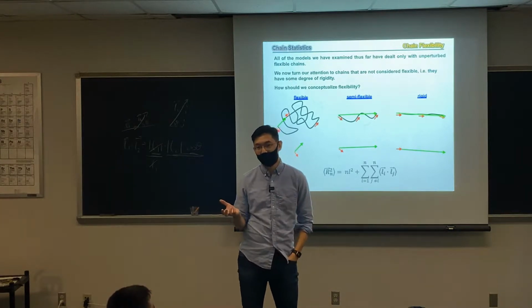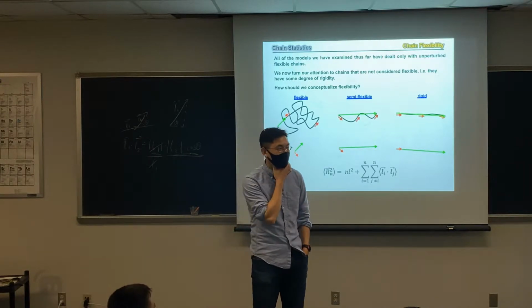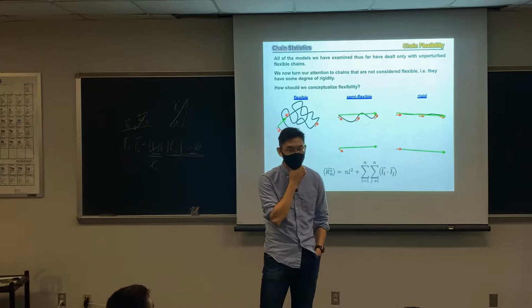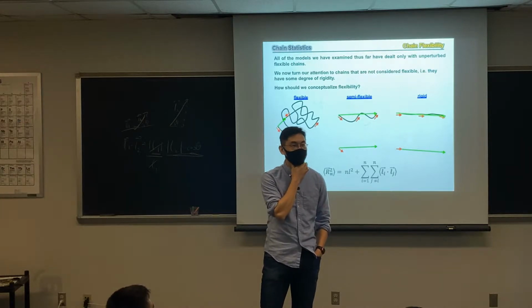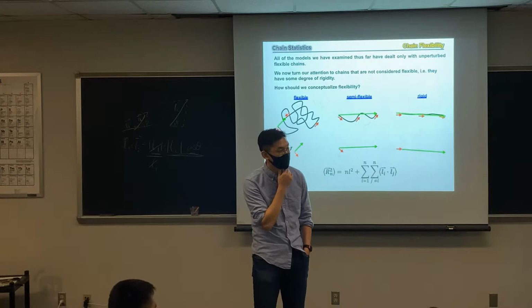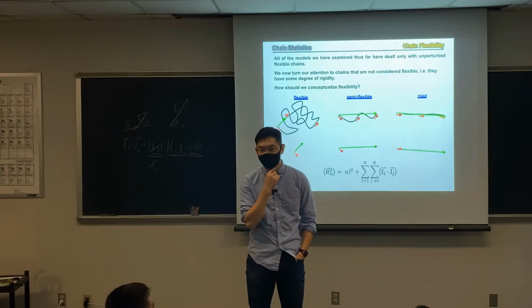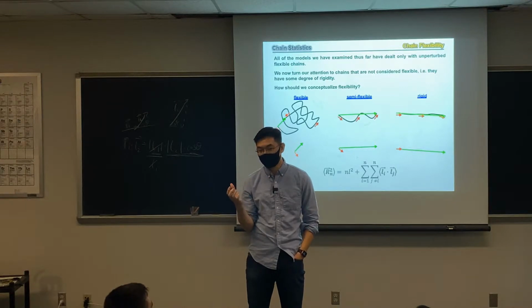The polymers are all flexible for those commodity polymers. Unless you play with some specialty polymers, for example liquid crystalline materials or Kevlar fibers. These Kevlar polymers are made of aromatic rings. Those are much, much more rigid.